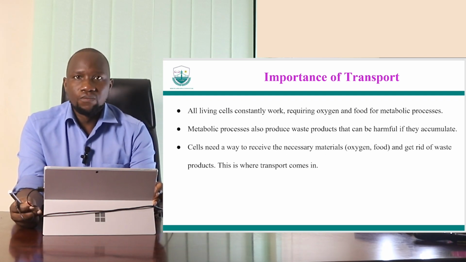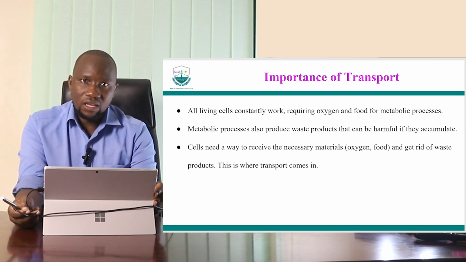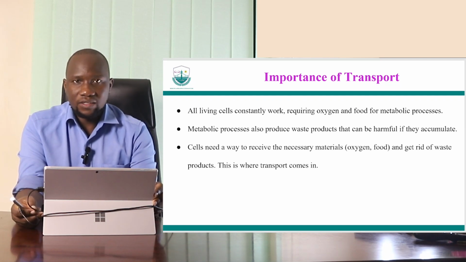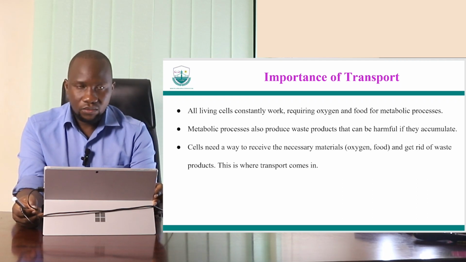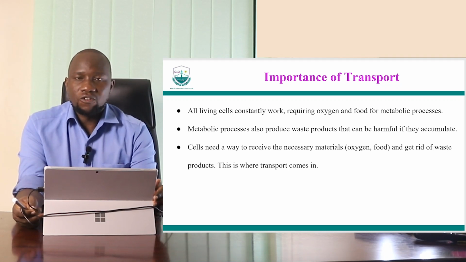Organisms will not grow if there are no nutrients, okay, if there are no minerals. So they need this. On top of that, they also need gases for purposes of respiration. Okay, these gases, oxygen is, for example, needed for aerobic respiration.